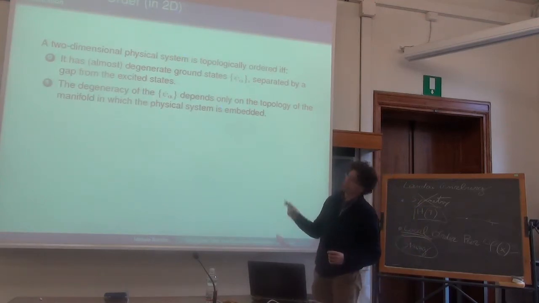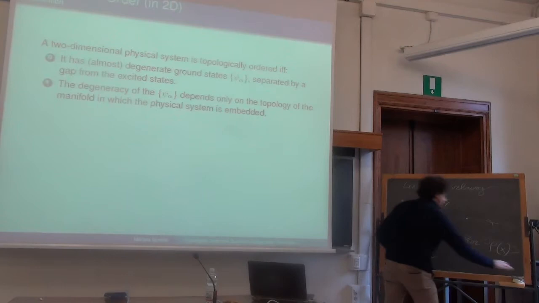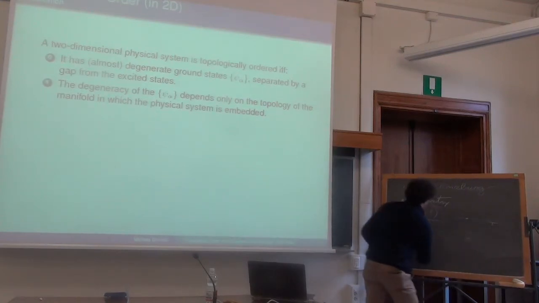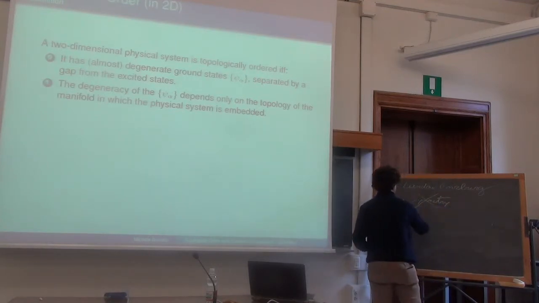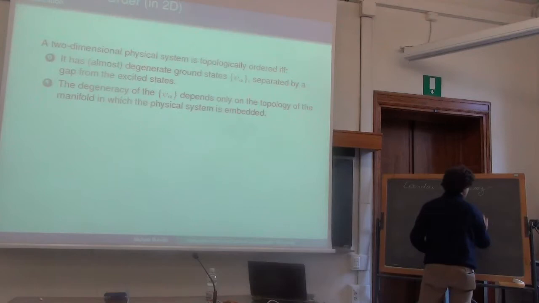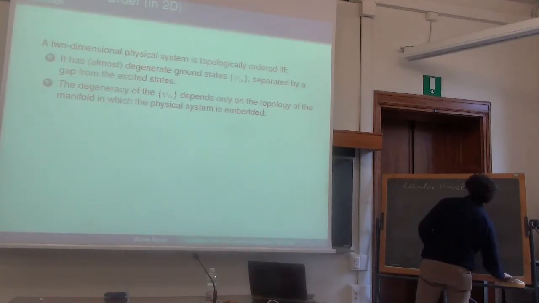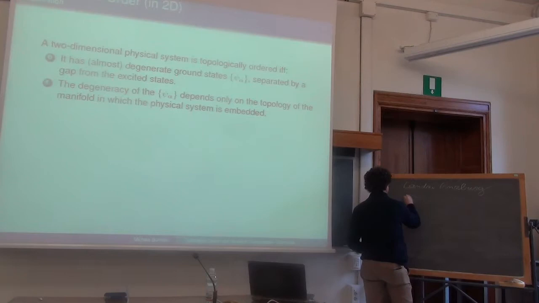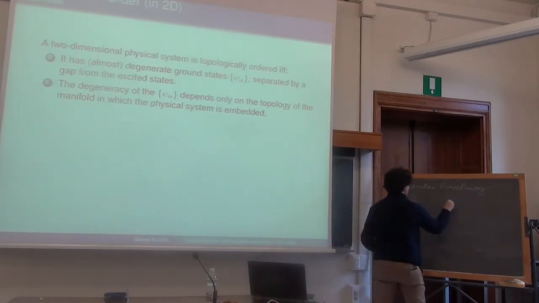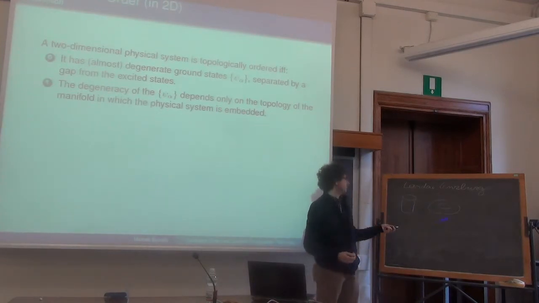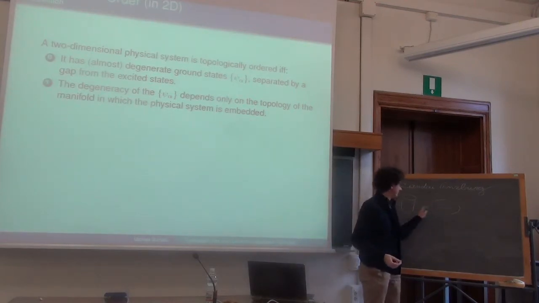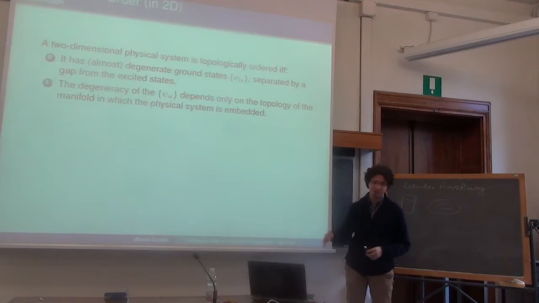Essentially, this definition works fine in 2 dimensions, and if you consider a 2-dimensional system, you may consider either the boundary conditions that are typical of a torus or a cylinder, and so it is easy to understand that if I have a cylinder or a torus, they have a different number of holes, and we will see that through different boundary terms we will obtain a different number of degenerate ground states.